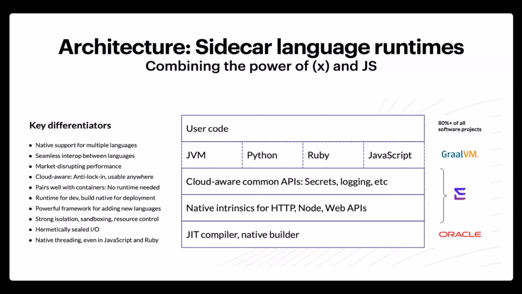The language VMs that are provided by Graal are amazingly fast, amazingly stable, but they're not equipped with the intrinsics from Node or from different runtimes that you might need. That's where we come in. We implement those, we benchmark, we test, we provide them to your app, and they behave identically to other runtimes.